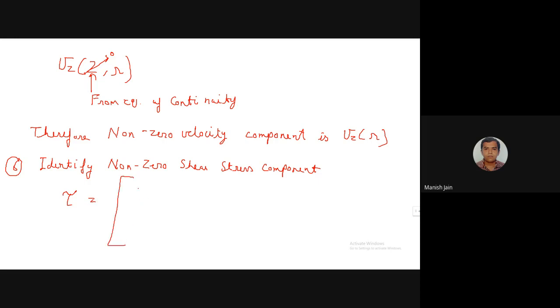In the cylindrical coordinate system, you may have tau rr, tau r theta, tau rz, tau theta r, tau theta theta, tau theta z, tau zr, tau z theta, tau zz.